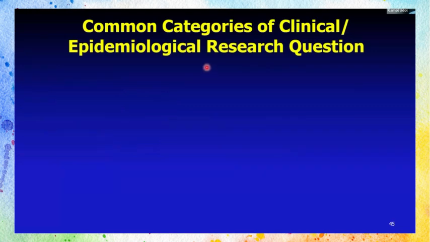So for research in clinical medicine or epidemiology, I categorize them into 6 categories. And this is my own categories. You may not be able to find this in any textbook.